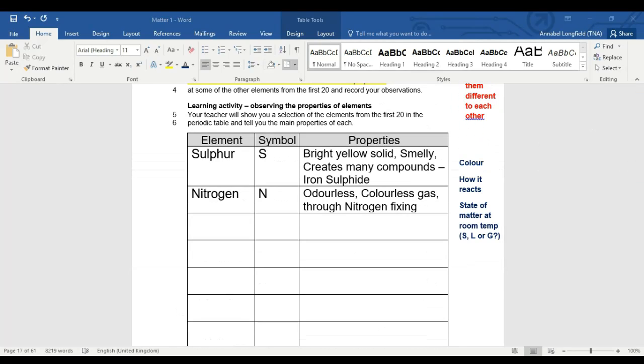When you are filling in the rest of this table, you need to make yourself aware of whether these elements are metals or non-metals, and two that you particularly do need to actually do are carbon and magnesium. So make sure that you do those two, but in terms of the rest, then you can choose which ones that you do. Try to include a good mix of metals and non-metals.